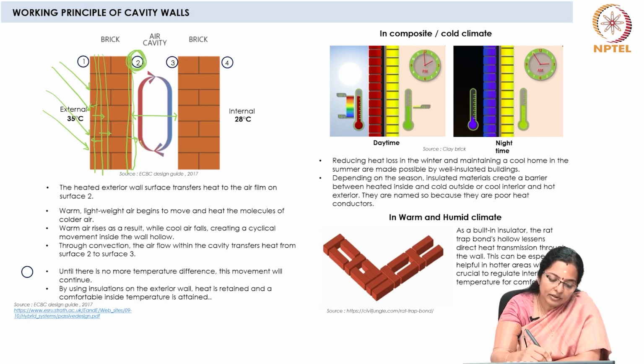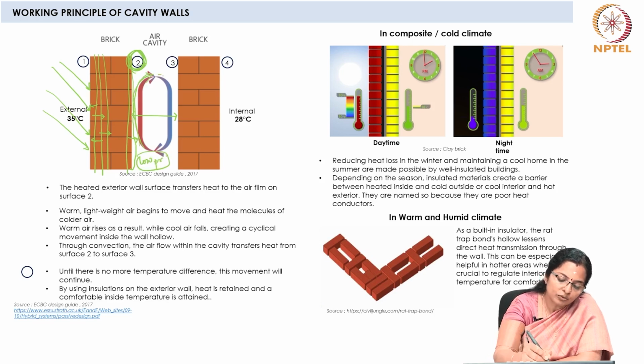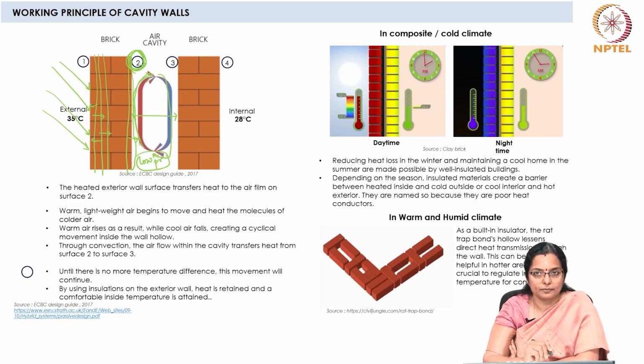And here the convection starts because warm air begins to move up, creating a low pressure area, because of which the cool air descends and the loop continues.